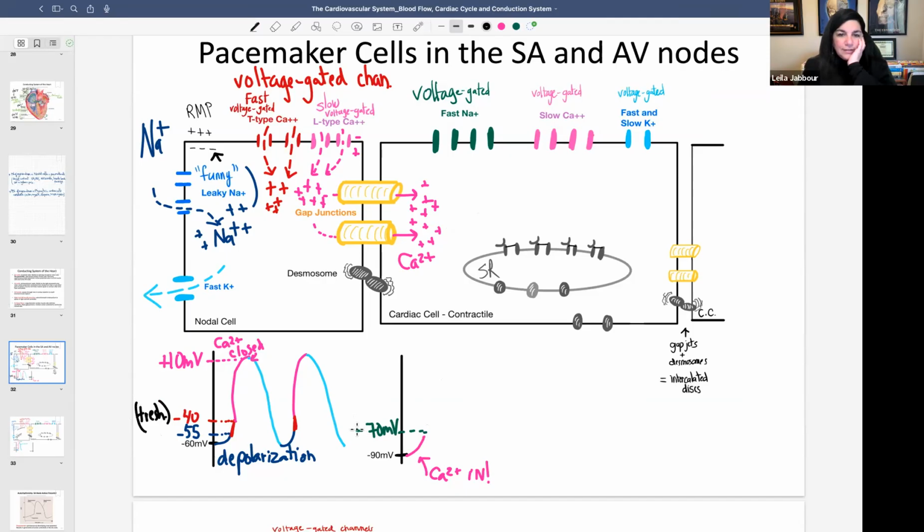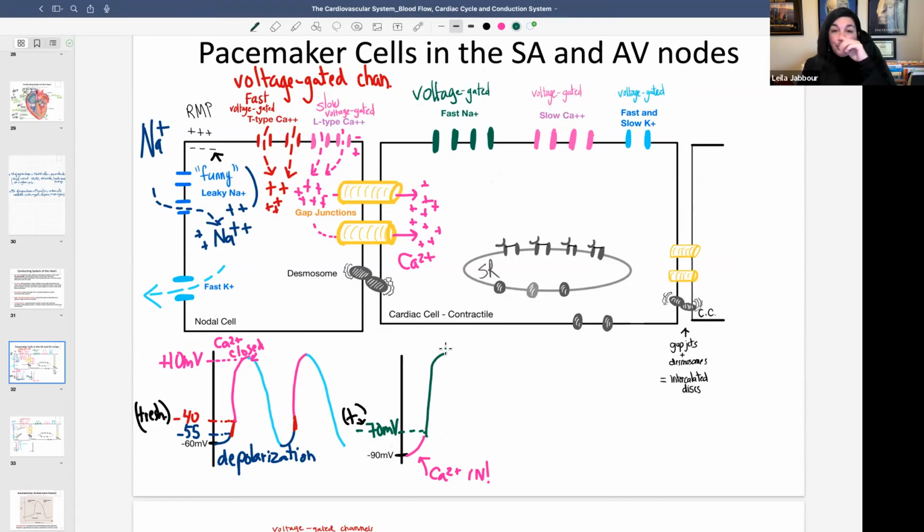And this is the threshold. T for threshold. So when enough calcium ions have come into the cardiac cell and we depolarize the membrane from negative 90 to negative 85, negative 80, negative 75, negative 70, that's it. We reach negative 70, these voltage channels open up.